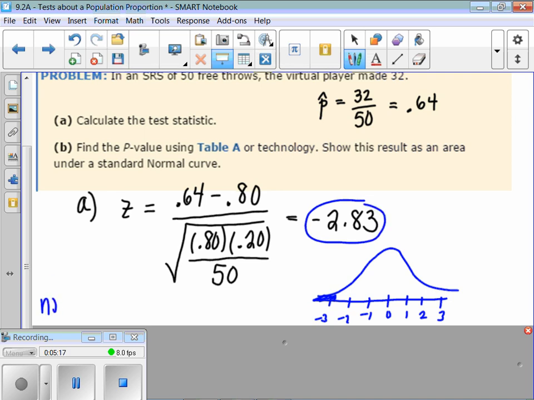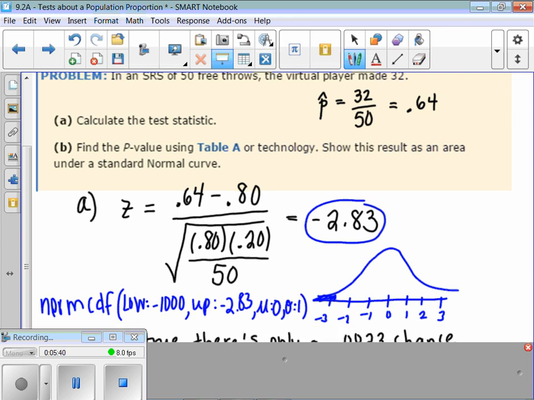So normalcdf, and what's our lower bound going to be? Okay, negative 1,000. What's our upper bound going to be? Okay, negative 2.83. And our mean, we standardized this, so our mean is 0, and our standard deviation is 1.